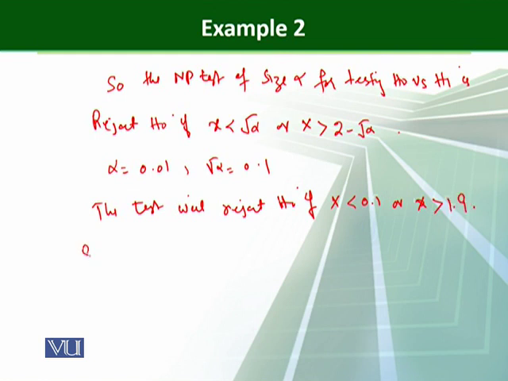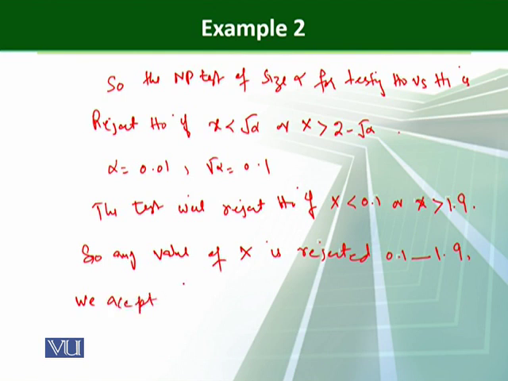So any value of x between these two limits, that is 0.1 to 1.9, we accept H0, and otherwise reject it.